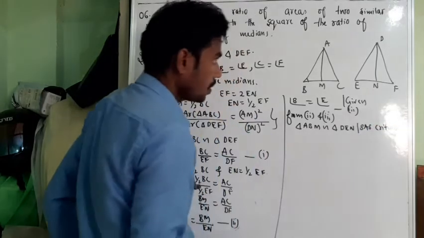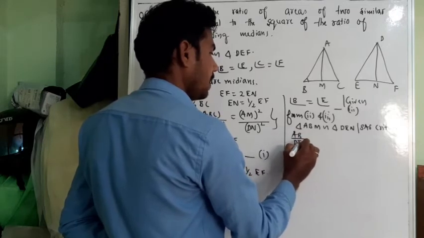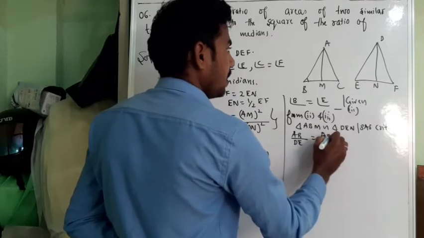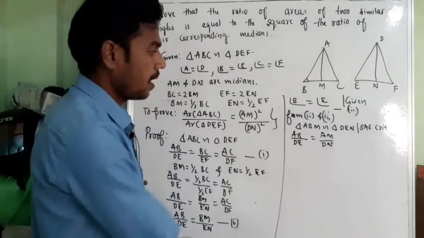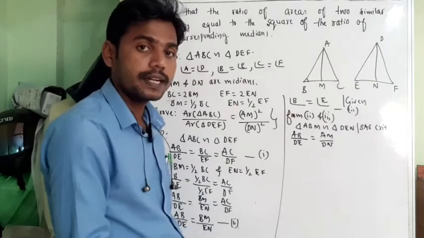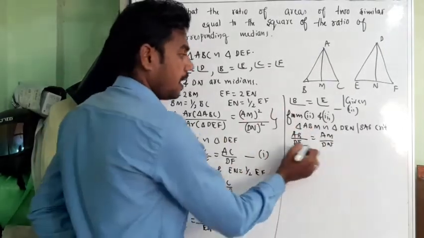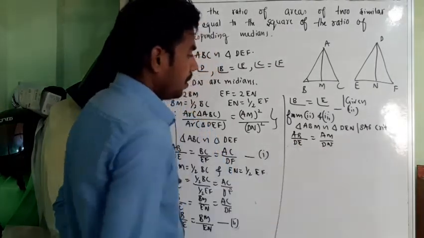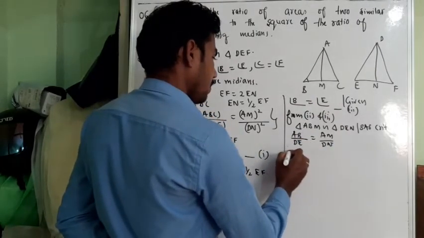So through this, what can I write? AB by DE is equal to AM by DN. If two triangles are similar, then the ratio of their corresponding sides are equal. That I have used as the criteria.